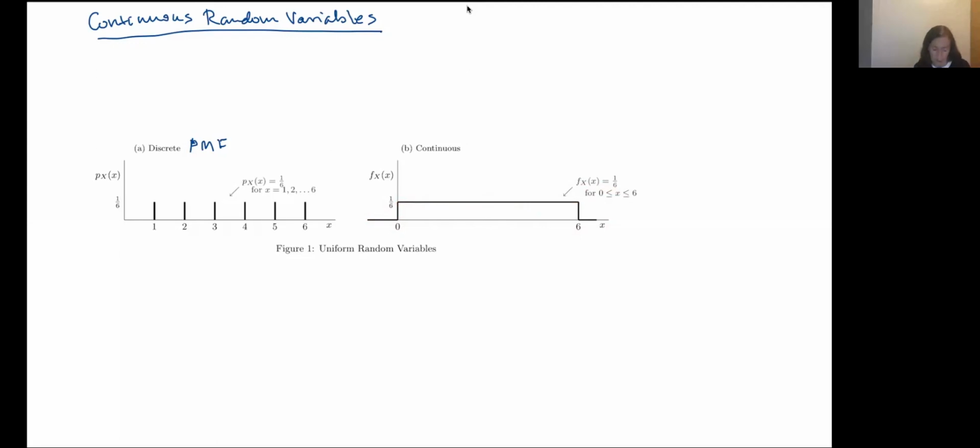We would call this a probability density function, or PDF. That's what we call it. For discrete random variables, it's a probability mass function. The logic behind those names is that we have probability mass assigned to individual points.